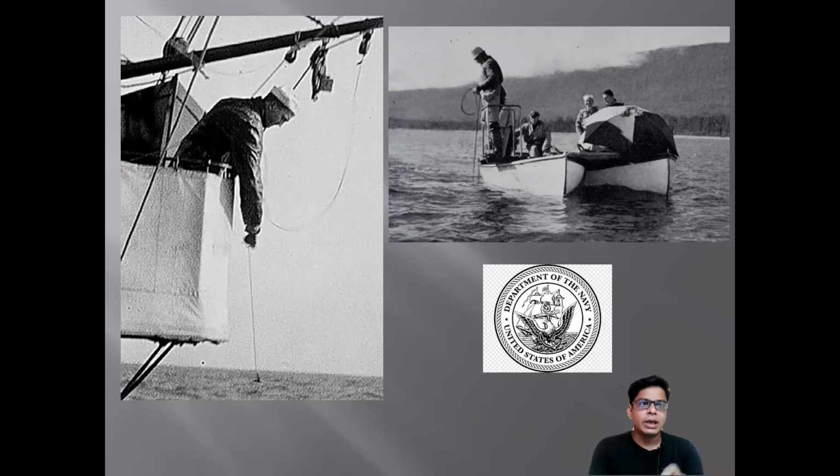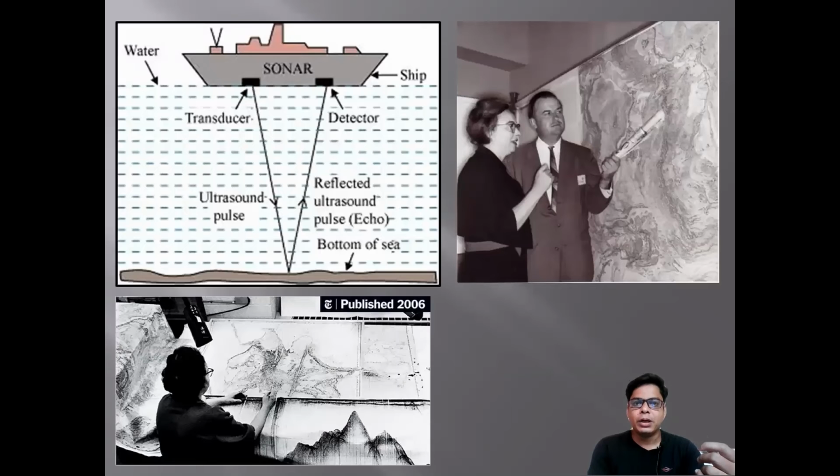For the first time, science was driving an effort to map the ocean floor. In fact, these two scientists, Marie Tharp and Bruce Heezen, developed the first bathymetric map of the Atlantic Ocean.